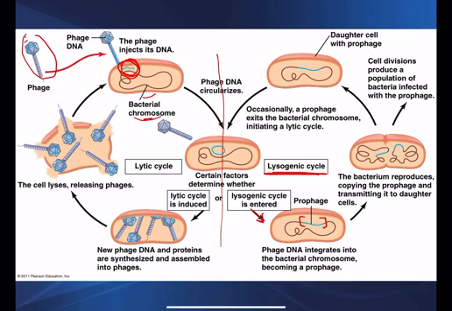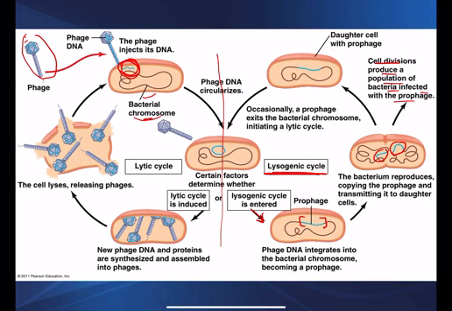Every time the bacteria divides and reproduces, it's going to also copy that viral DNA, and it makes a population of bacteria that are infected by that phage. So not only has the bacteria reproduced, but the virus has reproduced as well.